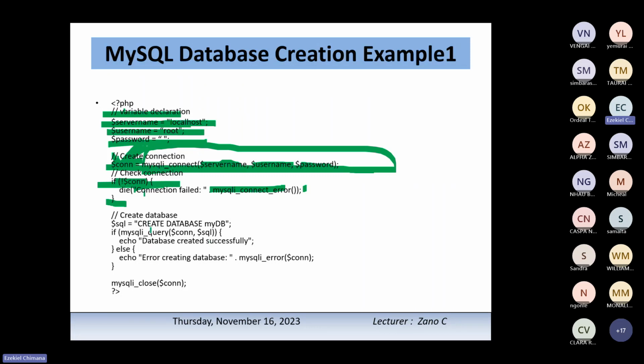The next thing is to create the database. We know that the command to create the database is create database, followed by the database name. I'm sure from your SQL knowledge you know that. Then with MySQL query, you are saying if MySQL query connects with $connect, which is the server connection, and you pass the SQL.